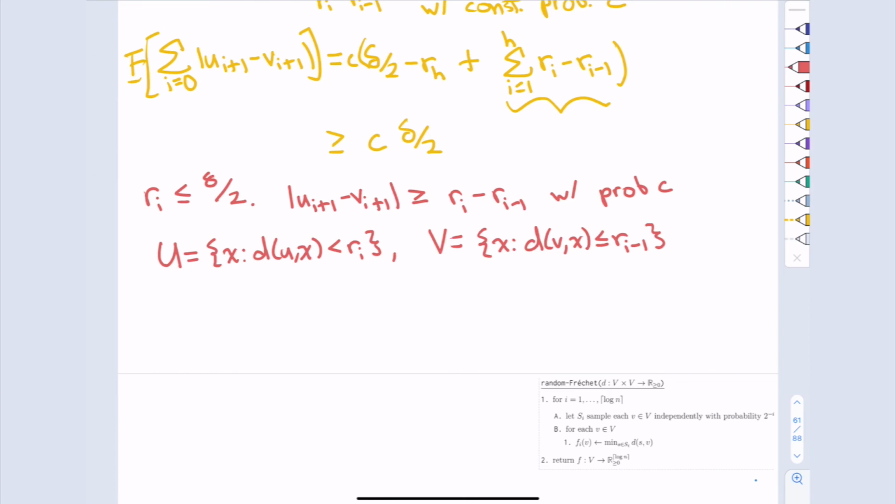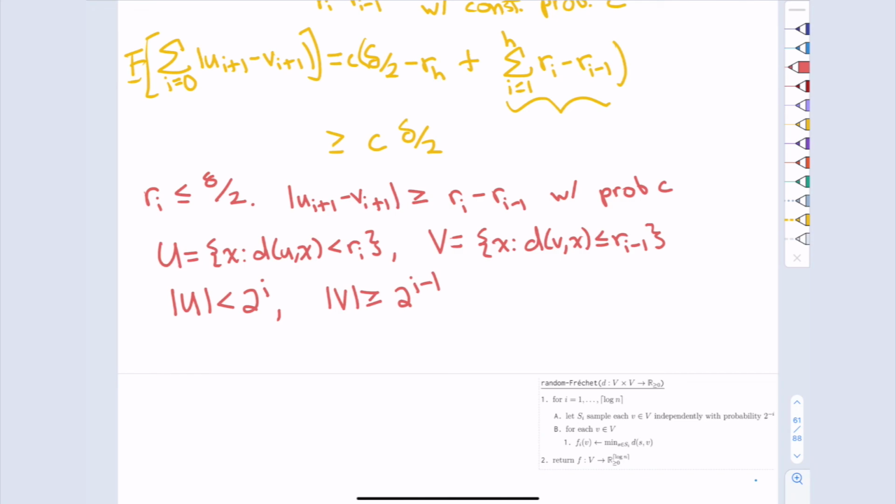That means if I had made the radius equal to r_i exactly, I would have at least 2^i points. So this set capital U, which only has points of radius strictly less than r_i, has fewer than 2^i points. So U has at most 2^i points, and V has at least 2^(i-1), because that's what r_{i-1} means.